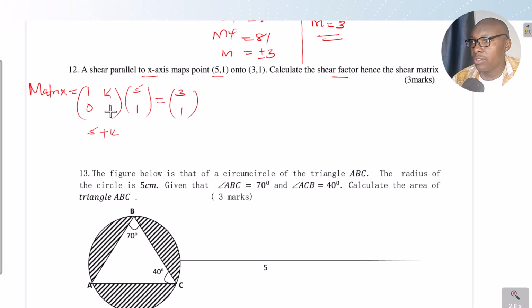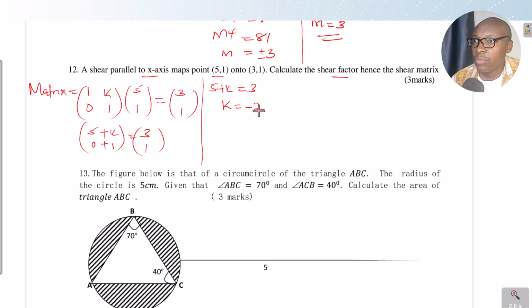Then the second row will be 0 plus 1. And that should give 3, 1. So when you equate 5 plus k equals 3, k will be 3 subtract 5, that will be -2. So that is one way which you can get the shear factor.